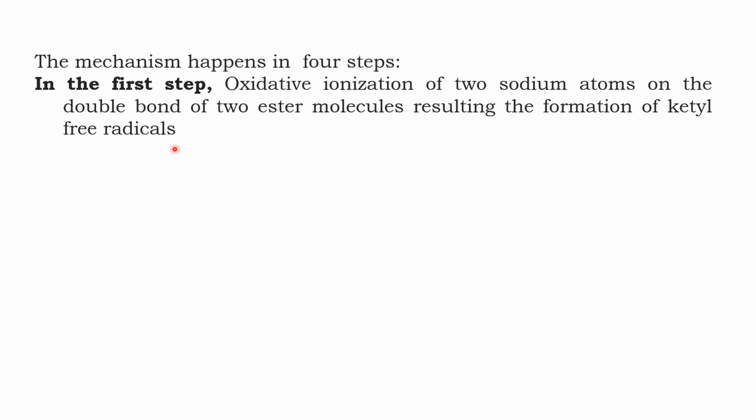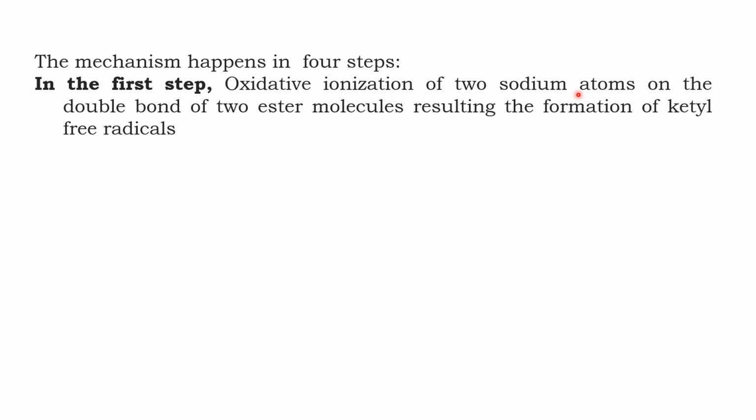We know ester is having C double bond O Me. So that ester is having a C double bond O group. To that particular C double bond O group, the sodium atom could easily donate electrons to the carbon atom to form ketyl free radicals.